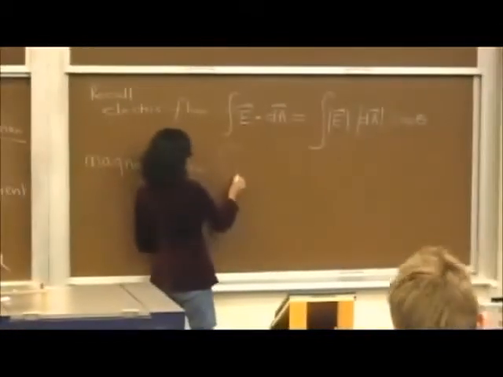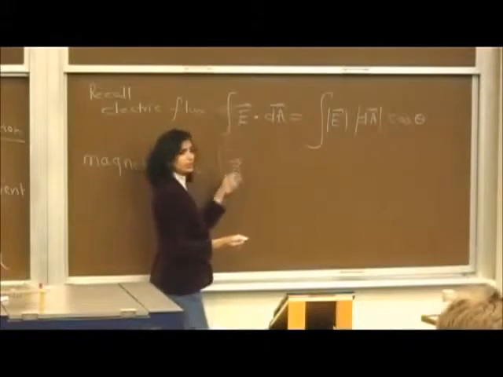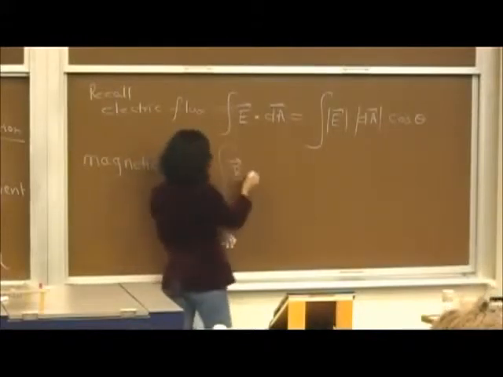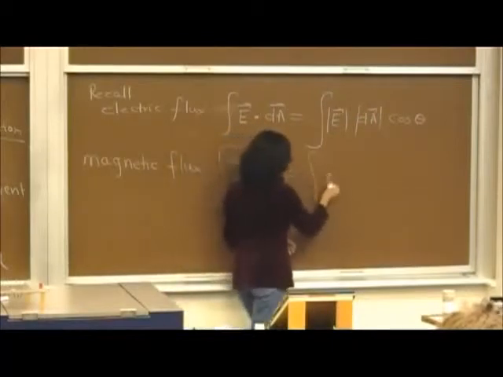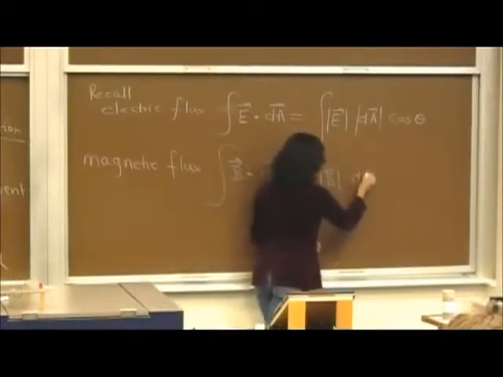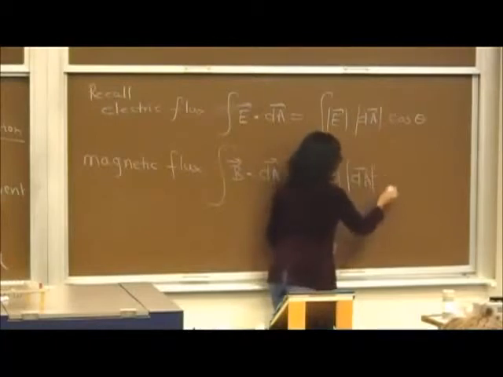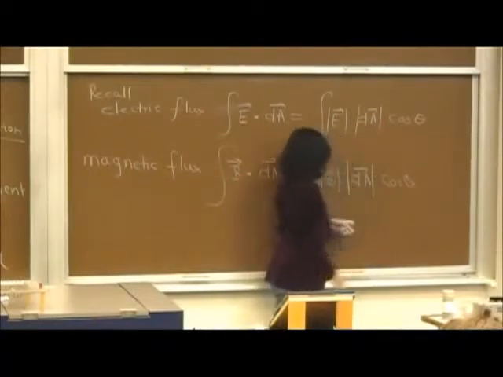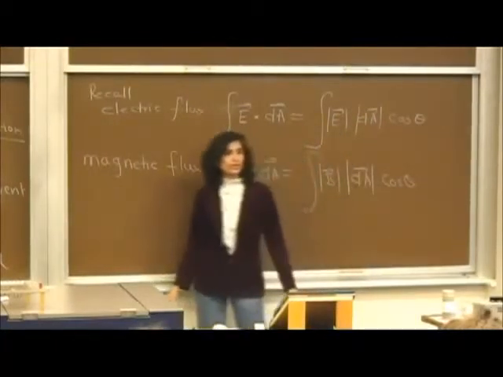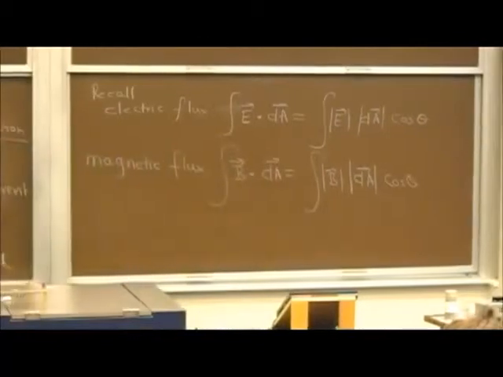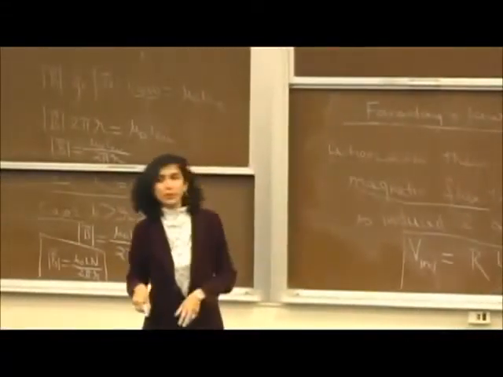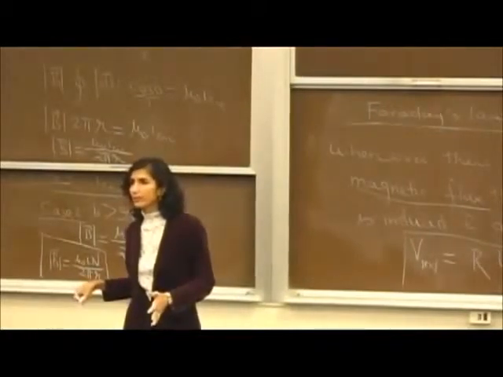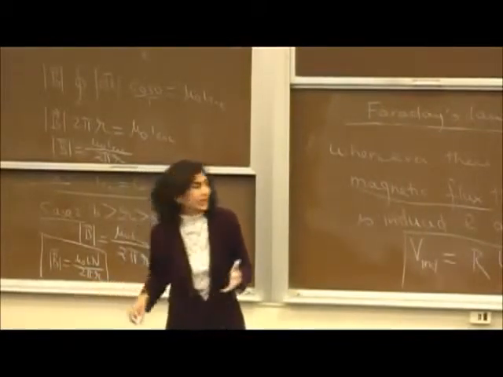The definition of magnetic flux, instead of electric field, you use magnetic field, right? So this will be B dot dA, which should be equal to integral of the magnitude of magnetic field times the infinitesimal area vector times cosine of the angle between the magnetic field and area vector. So notice that magnetic flux depends upon how many things? Three things.